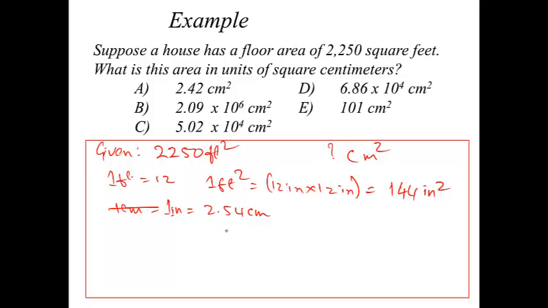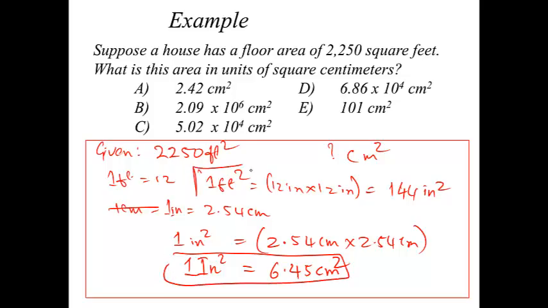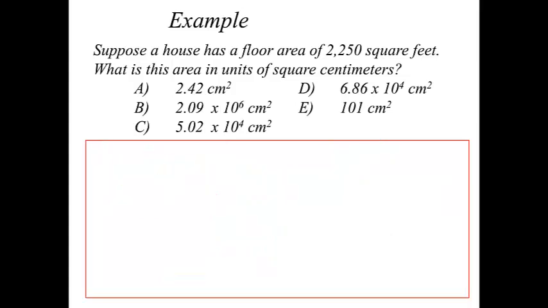So 1 inch square is equal to 2.54 centimeters times 2.54 centimeters, and if you multiply, that will give you a value of 6.45 centimeter square. Now we know 1 inch square is equal to this much, and 1 feet square is equal to 144 inch square.